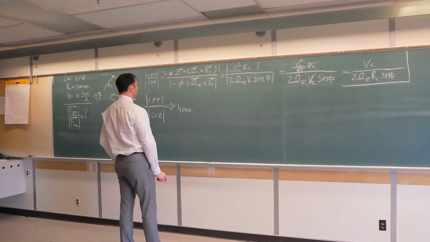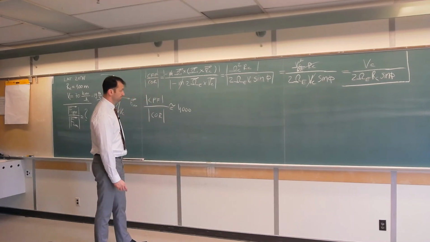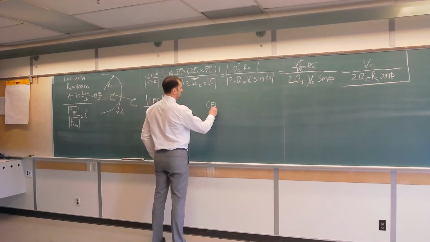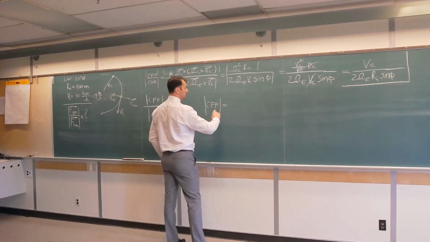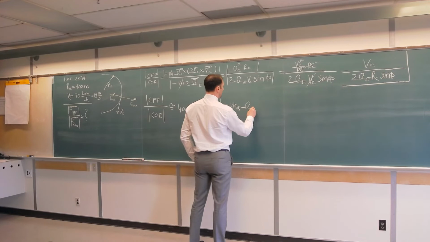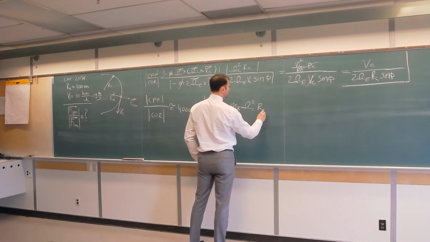We can even calculate the centrifugal force exerted on your body. What would that be? Centrifugal force, let's say intensity, would be mass of your body, omega c squared RC.